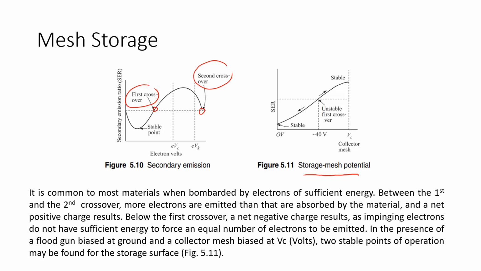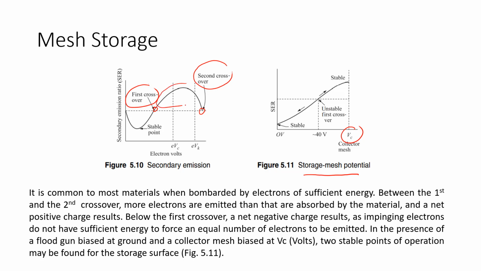After the stable condition, after the first crossover, we can increase the voltage of the collector mesh until VC. This is the VC. And this is the representation of the secondary emission we can see here.